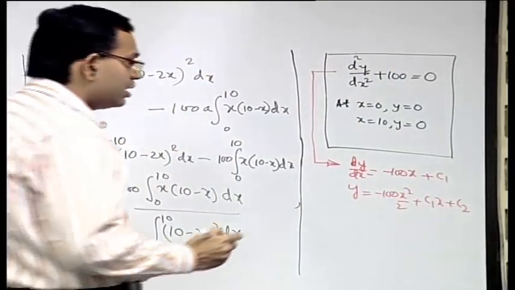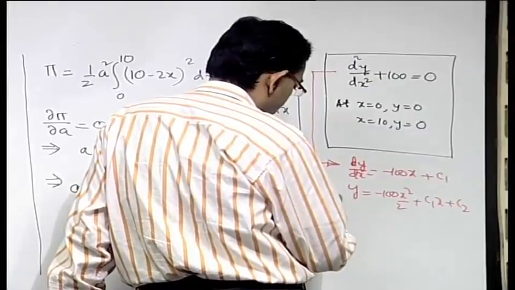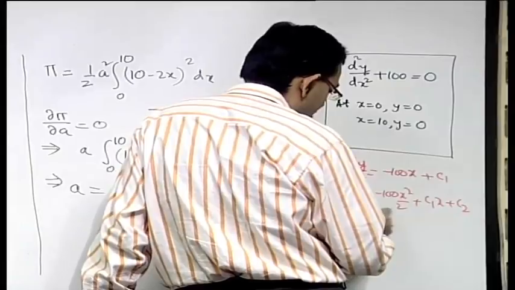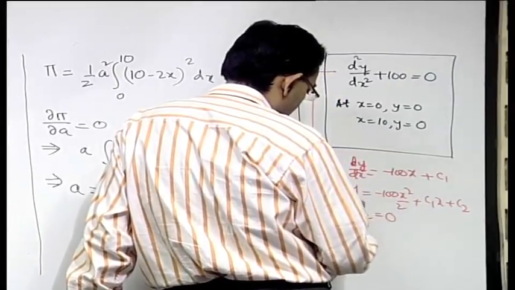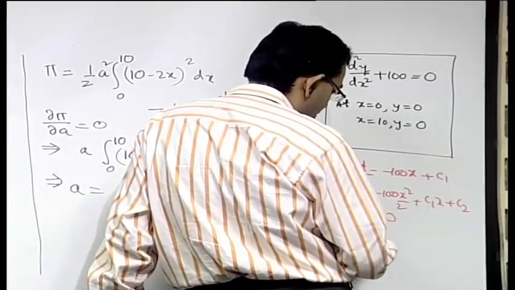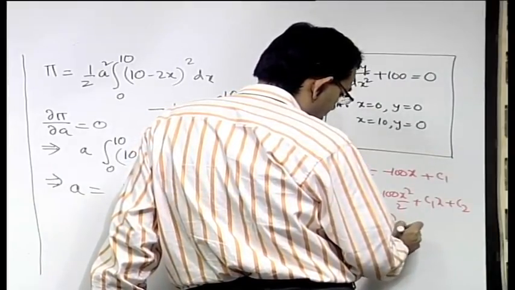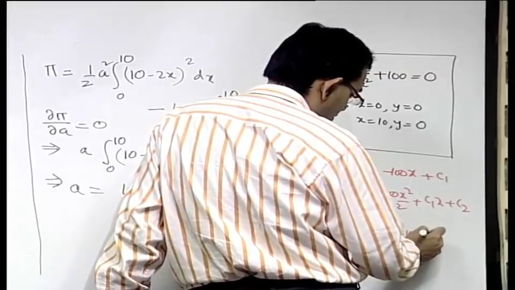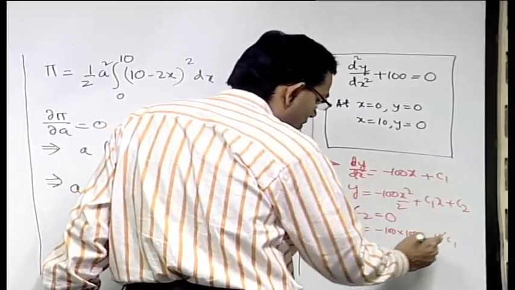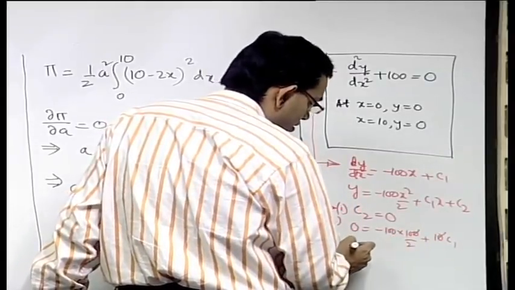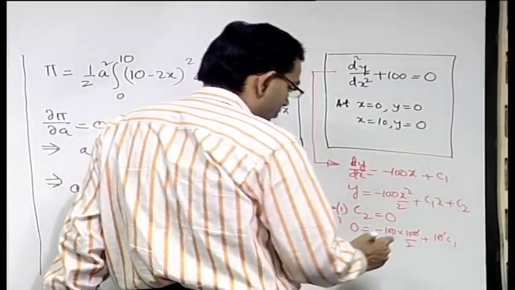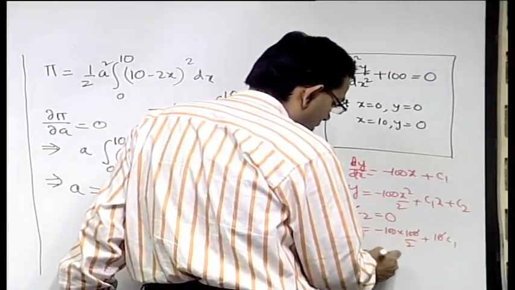So, apply the boundary conditions: at x equal to 0, y equal to 0, that means C2 equal to 0. Second boundary condition at x equal to 10, y equal to 0. So, you can cancel one 10 here. So, C1 is 500.